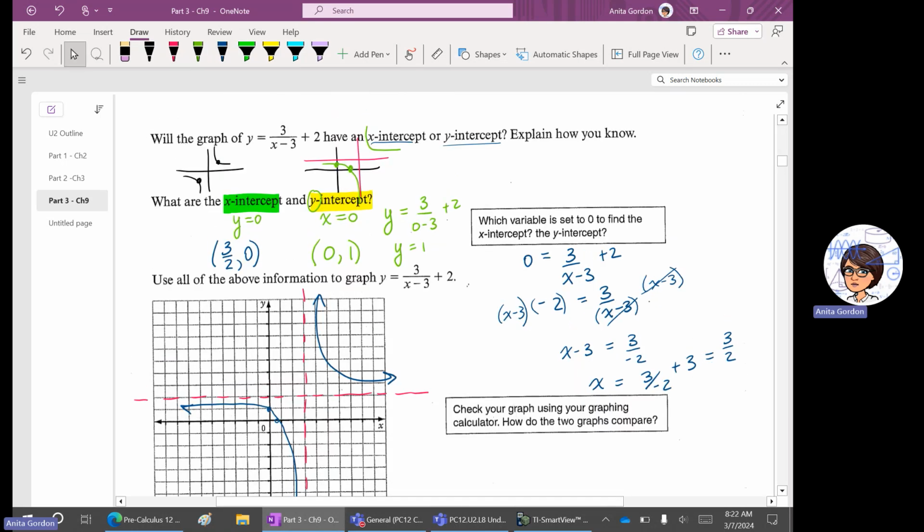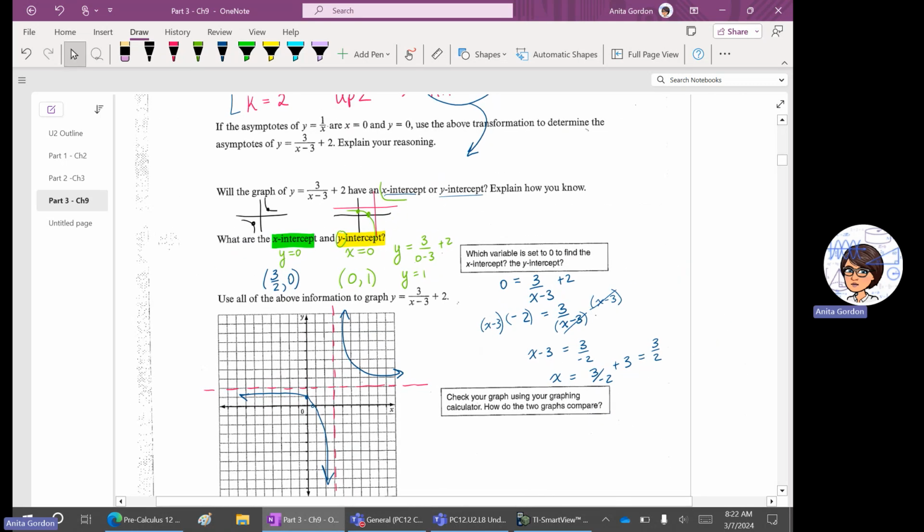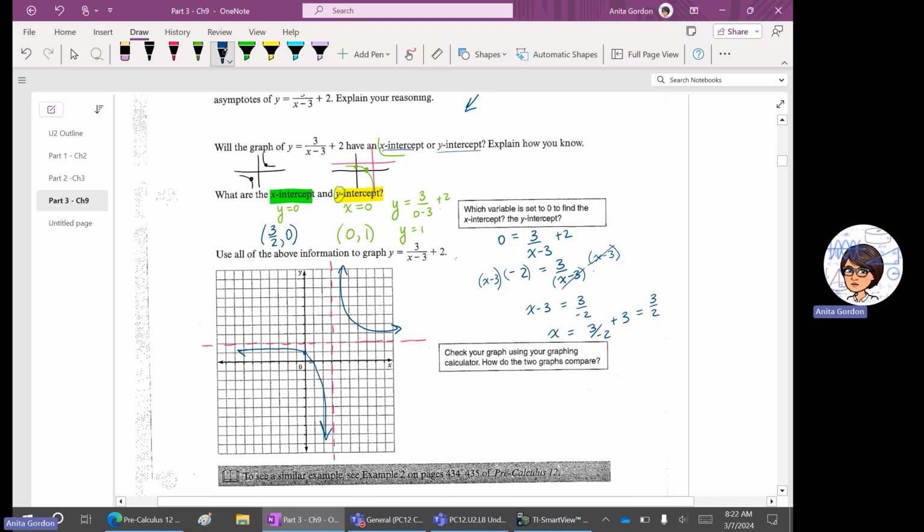You could also, if you really wanted to, write some mapping notation here, and say, all right, from my original graph (x, y), what would this equation be? This would be (x plus 3, y plus 2). So on my original graph, I know that 1, 1 was a point, which means it's going to get mapped to 4, 3.